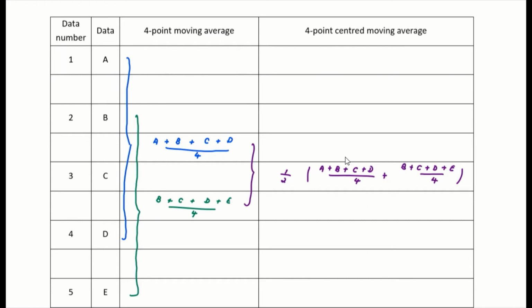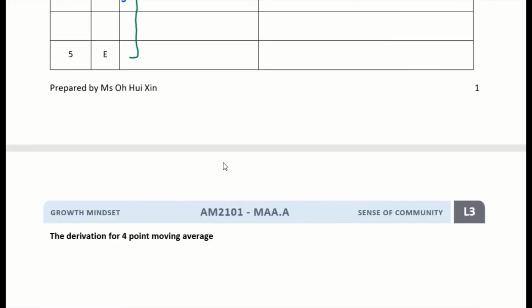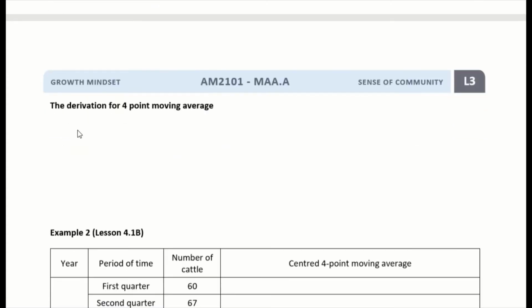Okay, so let's copy down the formula we have here on the next page. We have 1 over 2 times A plus B plus C plus D divided by 4, plus B plus C plus D plus E divided by 4. Now let's simplify this.